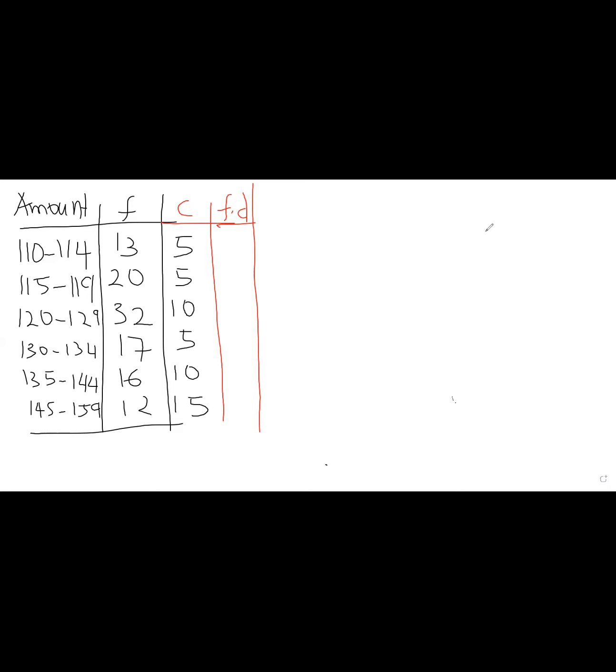Now that's why, unlike number 1 and number 3, if you did that work, those classes were equal. These classes are very common at HSC. Our classes sometimes are not equal. That's why we introduce frequency density. So what's our frequency density for the first class? Who can give us the answer? 2.6.